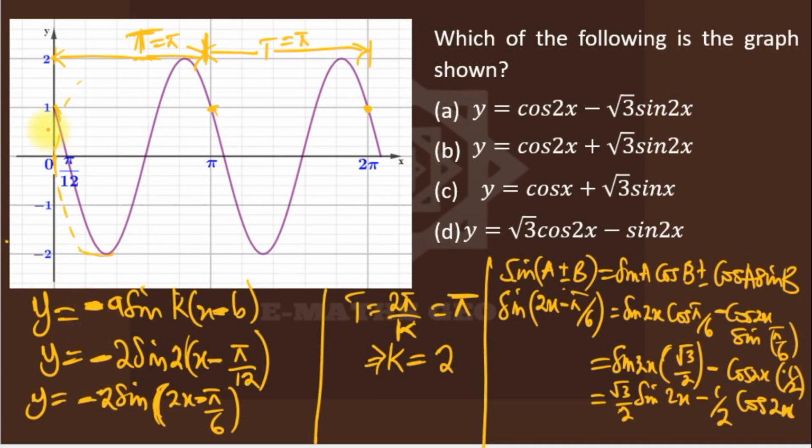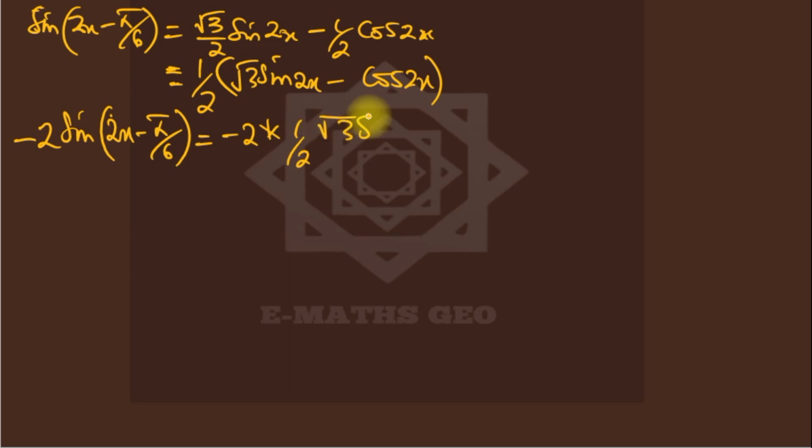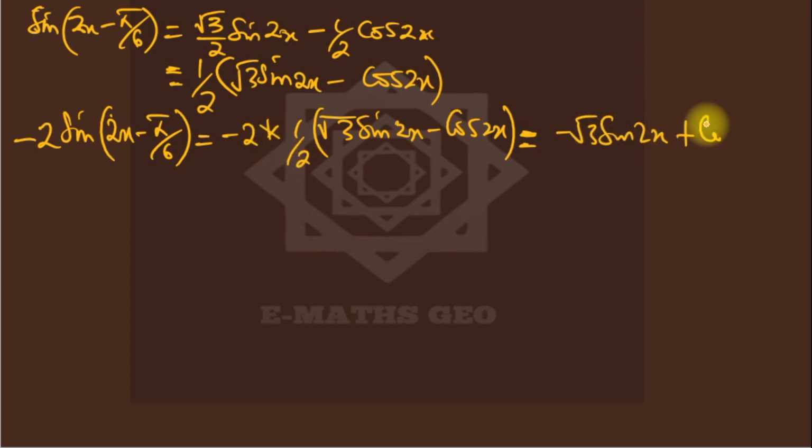I have minus 2 sine that, so therefore minus 2 sine 2x minus pi over 6 will be equal to minus 2 times half, because we've gotten this as this. So which is this. So we have minus root 3 sine 2x plus cos 2x.